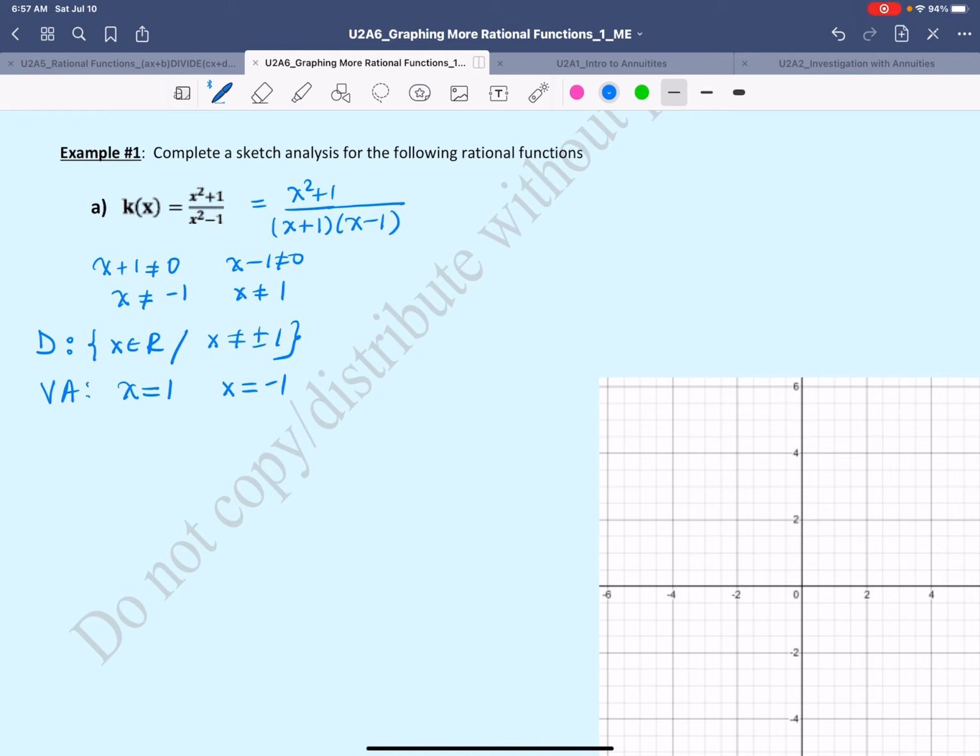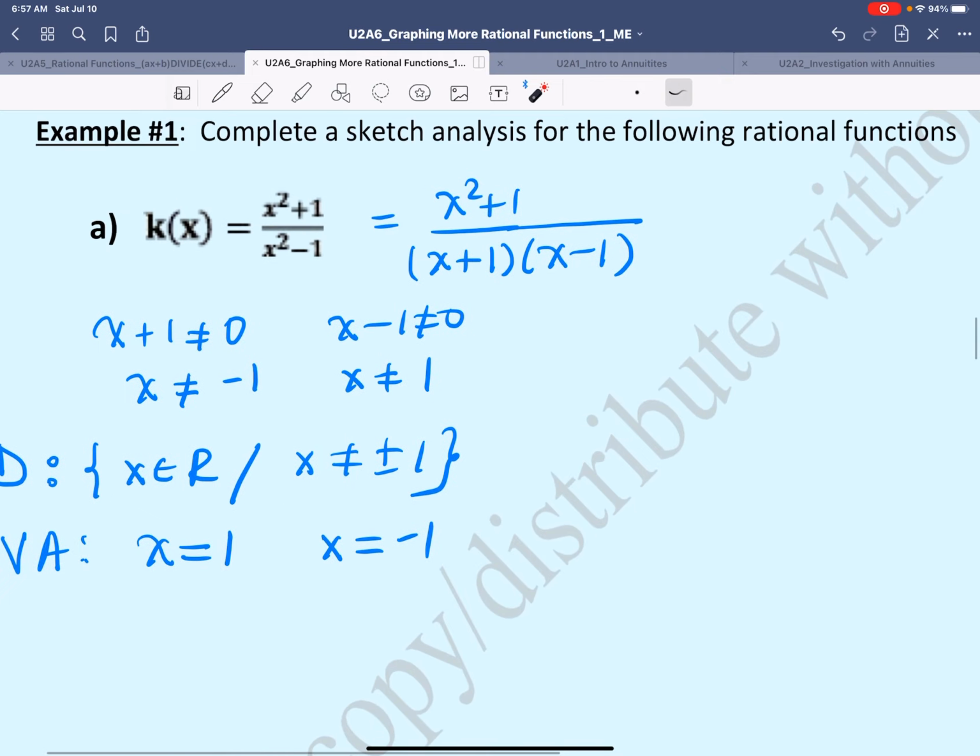Next, we determine the horizontal asymptote. If you remember from the previous lessons, we check with the highest degree term of the function. The highest degree term in this function will be degree 2. And then we compare the leading coefficients, or the coefficients of the highest degree term in this function.